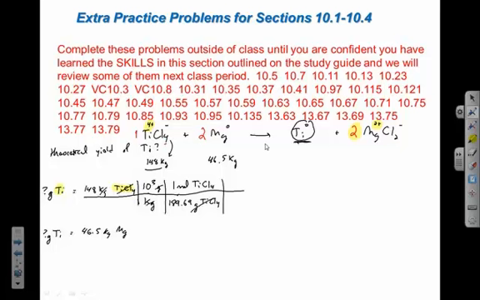The point of that was to get to moles, because if I want to know how much titanium I can make from titanium chloride, and those are not the same substance, the only relationship I have between substances is the coefficients in front of them in the balanced reaction. So this particular case so happens that 1 mole of titanium chloride will produce 1 mole of titanium, because they both have a 1 as their coefficient.